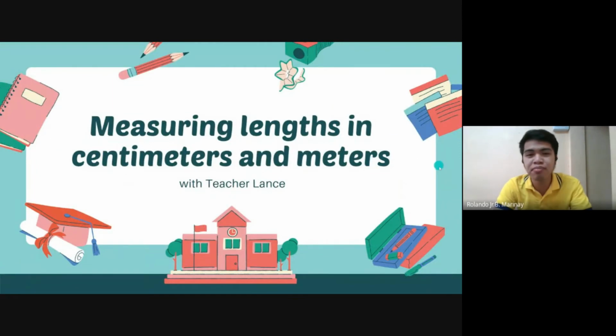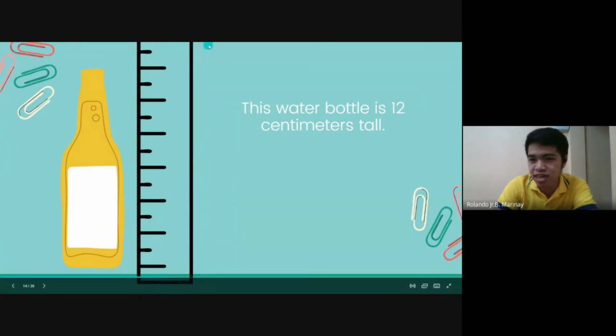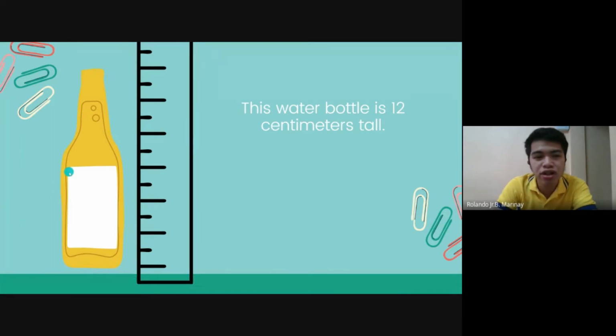Okay, now how do we measure the lengths in centimeters and meters? Okay, I have here an example of a ruler. We're going to count the lines to measure the centimeter. So here, for example, we're going to find out how tall is the bottle.